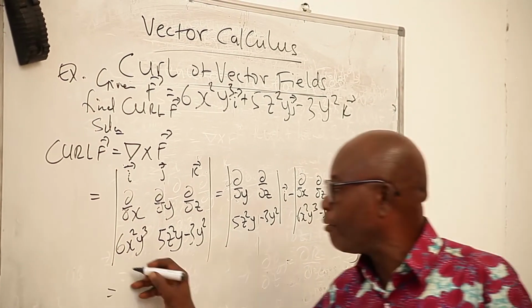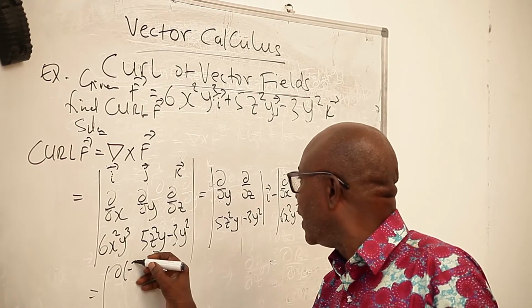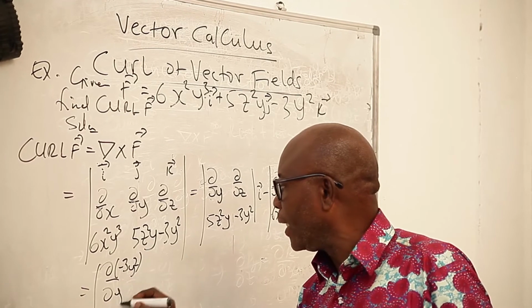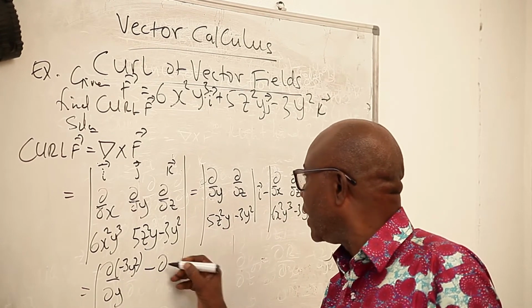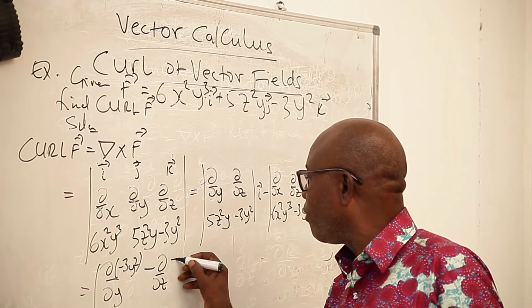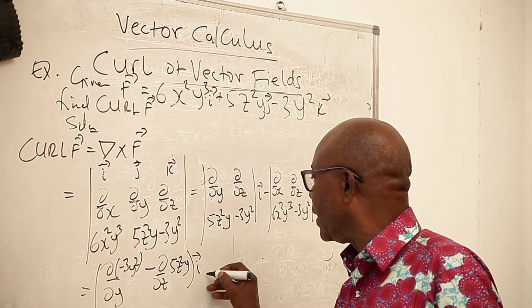So we're going to have partial of negative 3y squared with respect to y minus partial z of 5z squared y in the i direction, right?